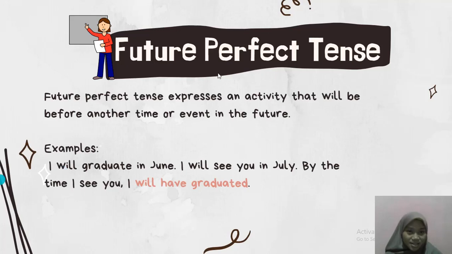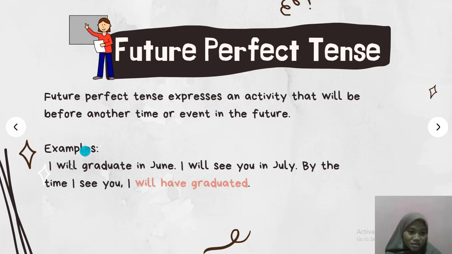The formulation of perfect tense is have plus verb 3, to make a sentence that an action we have done, so we use perfect tense. So future perfect tense expresses an activity that will be before another time or event in the future.